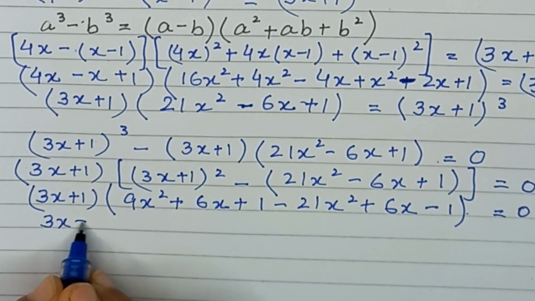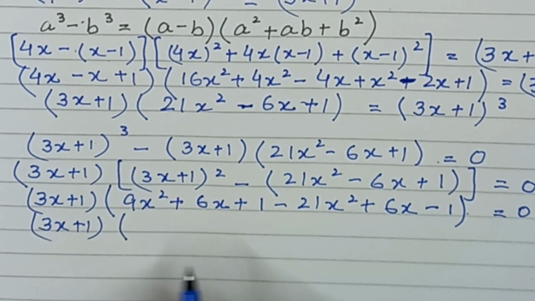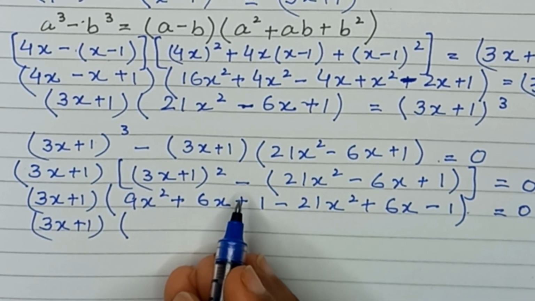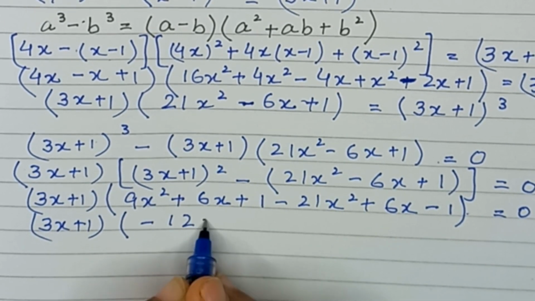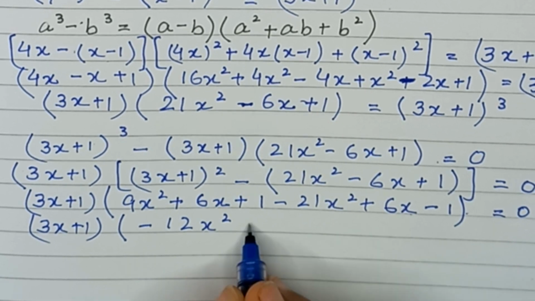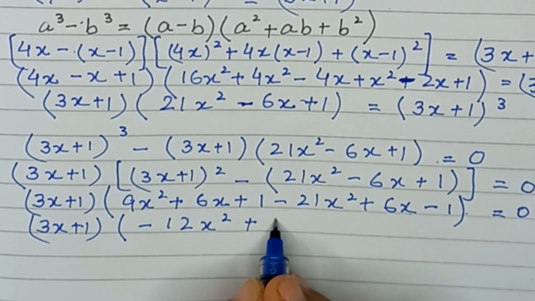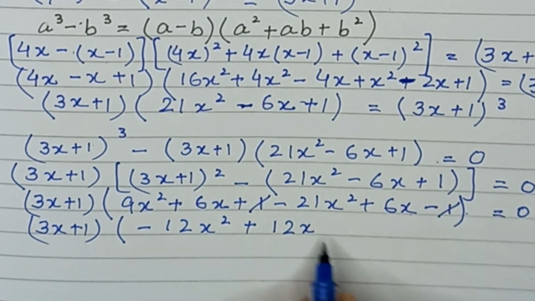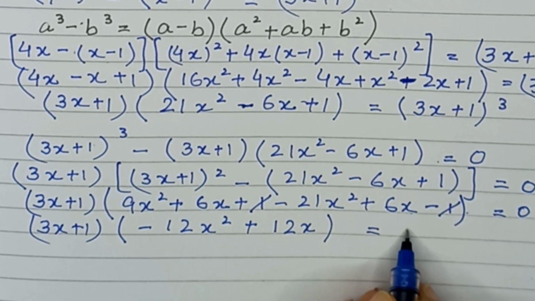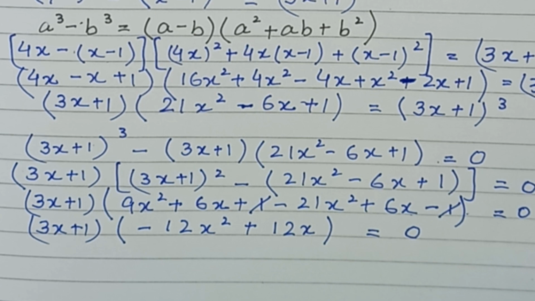So 3x+1, 9x² minus 21x² will be equal to minus 12x², and plus 6x plus 6x will become 12x, and this positive 1 and negative 1 will be cancelled out, and it will be equal to 0.